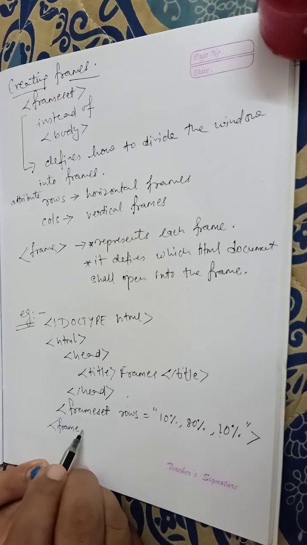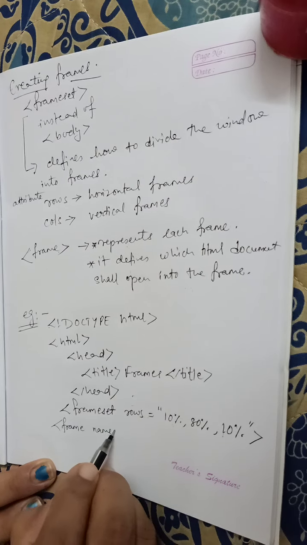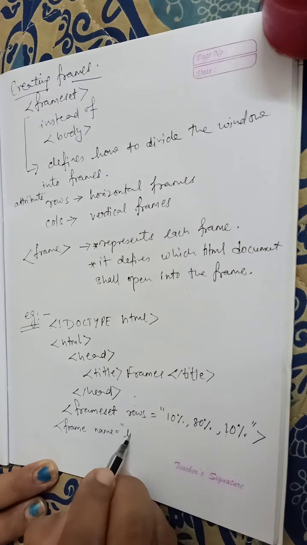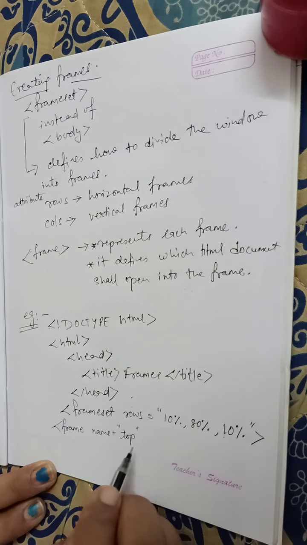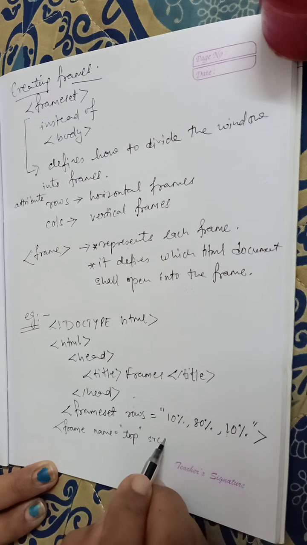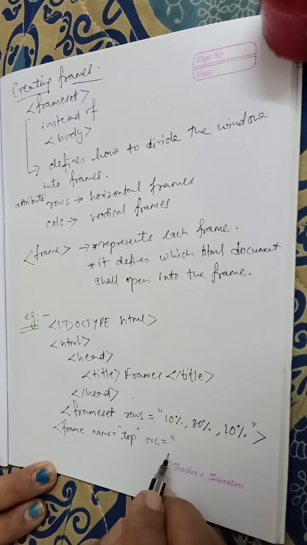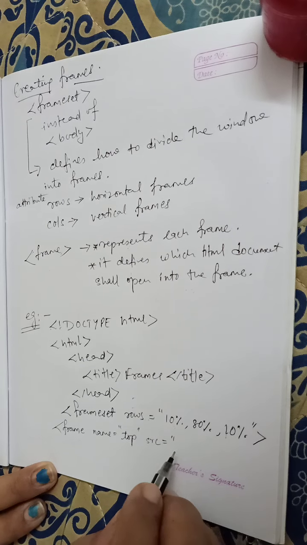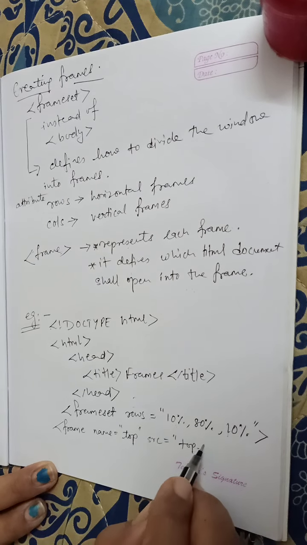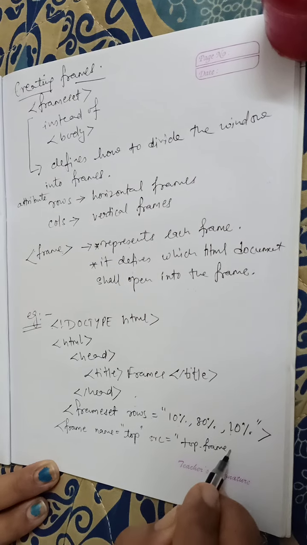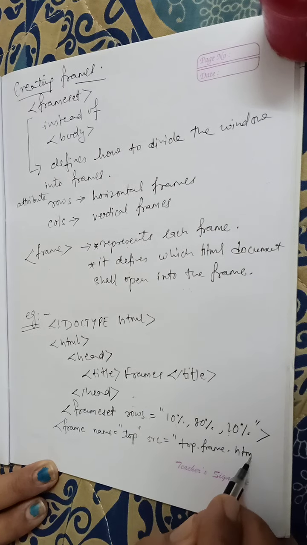I will be writing frame, then give some name to the frame. Suppose I am giving it top. Then I will mention the source file name. Suppose the source file is in the same folder, so I can write top_frame.htm.